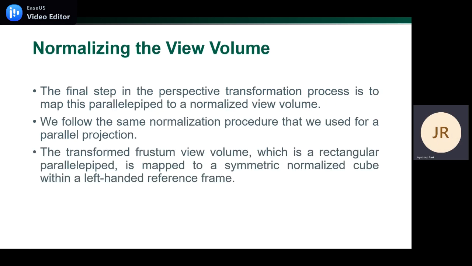The final step in the perspective transformation process is to map the parallelepiped to the normalized view volume. The normalization procedure is similar for parallel projection and perspective projection. The transformed frustum view volume, which is a rectangular parallelepiped, is mapped to the symmetric normalized cube within a left-hand reference frame.